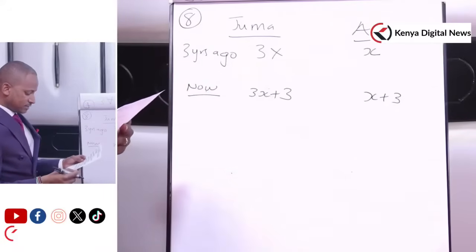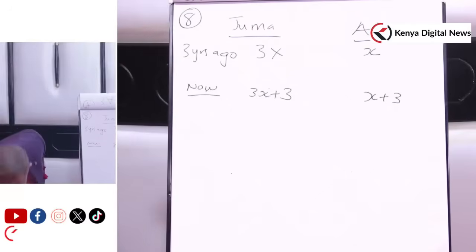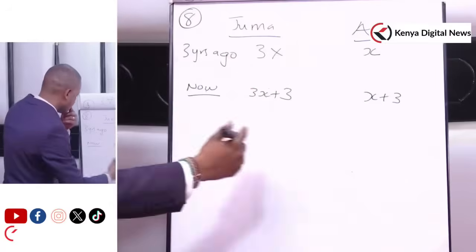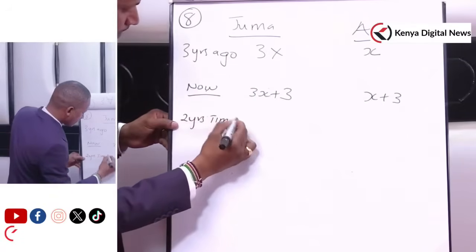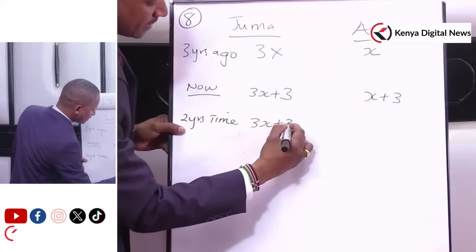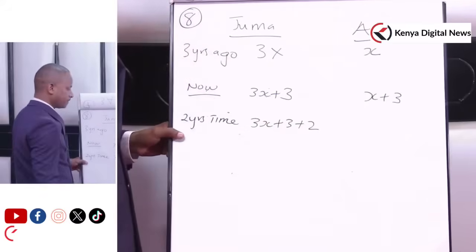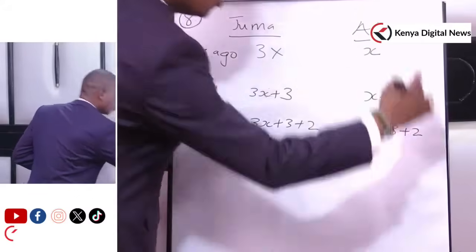Then again, you are told that in 2 years' time, the sum of their ages will be 62. So go to 2 years' time. If now they are this, in 2 years' time, there will be 3x plus 3 plus 2. This will be x plus 3 plus 2.